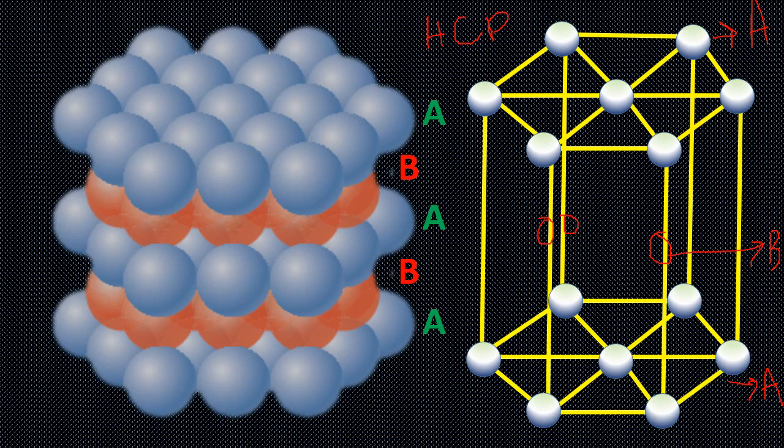Here you can see this is the A, this one is the B, again this is the A, and if there is another unit cell, then there will be B, A, B. In this way, this stacking sequence is repeated in the hexagonal close packed structure.